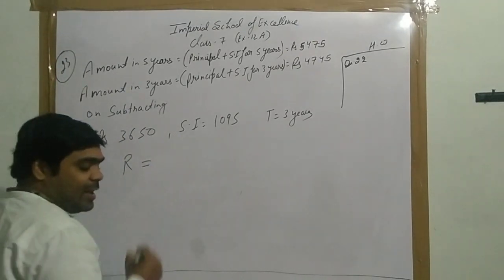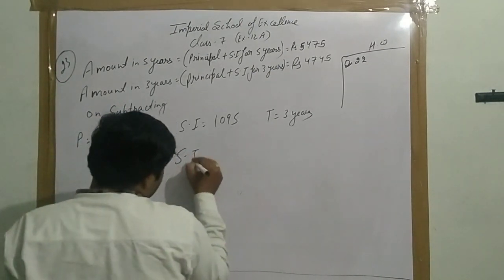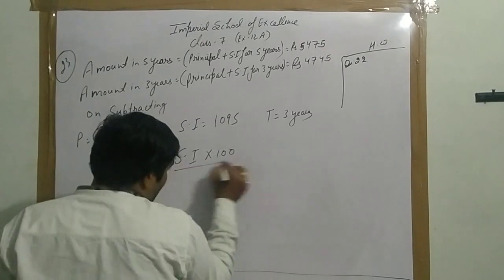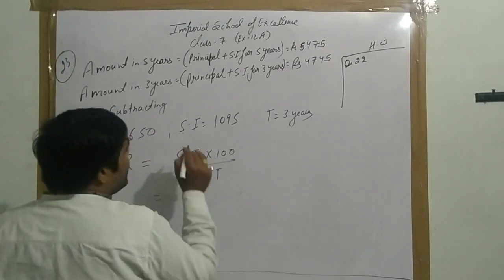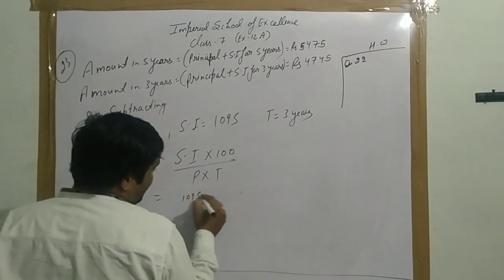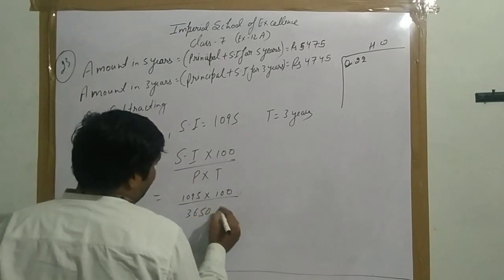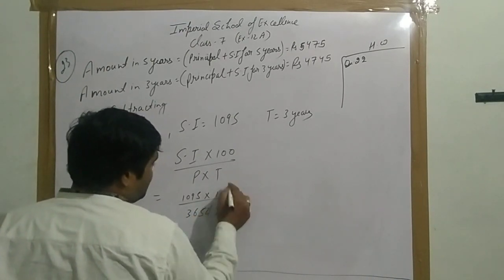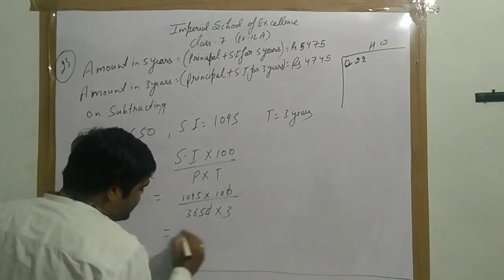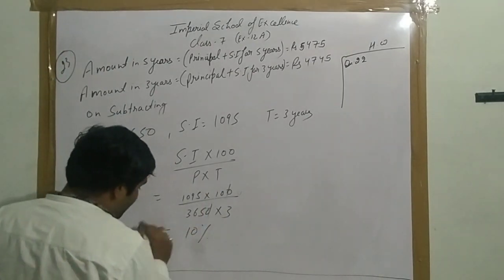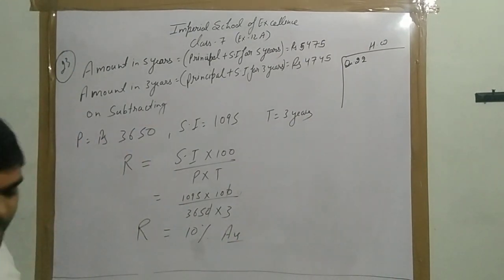So R equals SI into 100 upon principal into time. SI is 1095 multiplied by 100 upon principal 3650 multiplied by 3, zero cancels zero. When you solve all this, your answer will be 10%. The rate will be 10%.